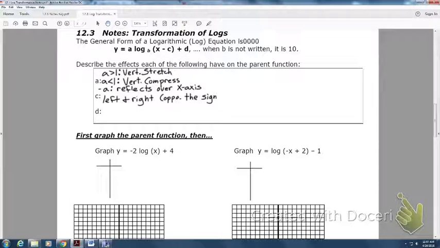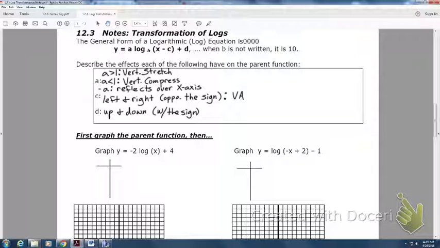With the sign. Next to the C value, I also want you to put VA. Okay, and we'll expand on that here in just a minute.